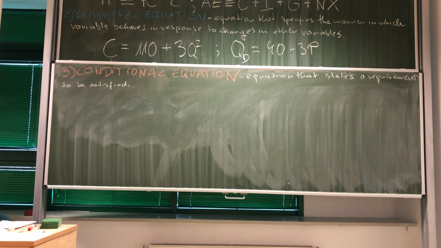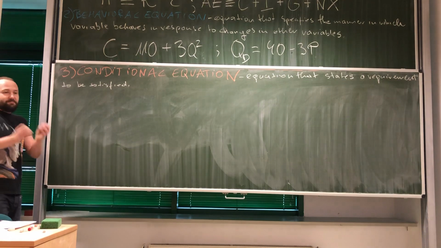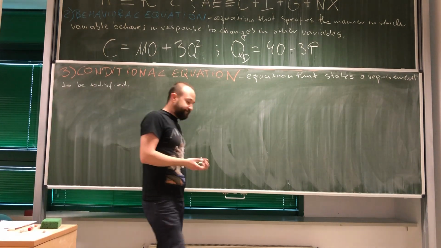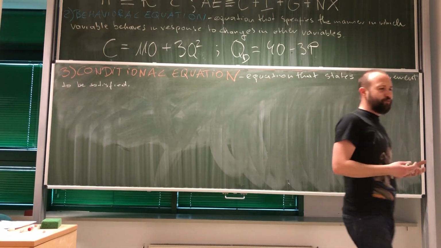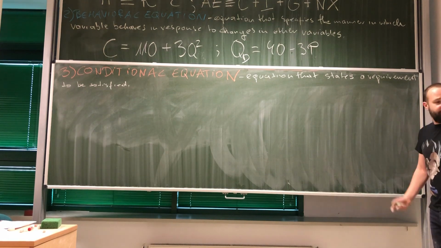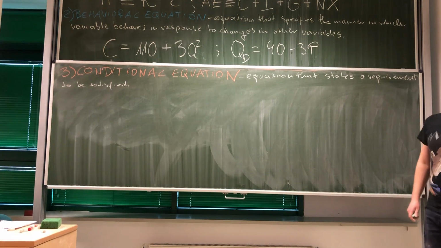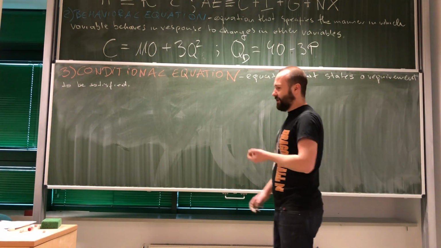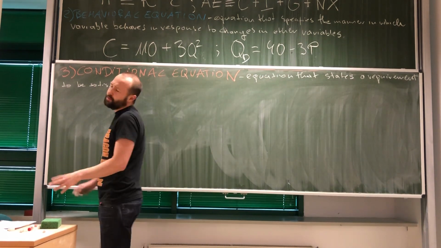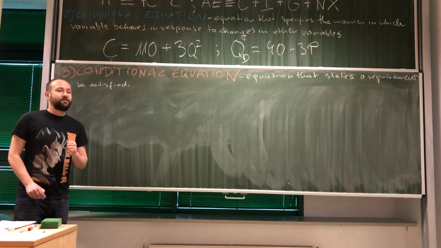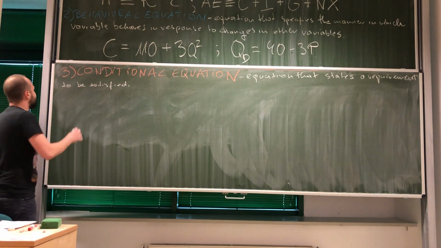Now, what are those conditions? So, what type of state we would like to achieve? First of them is something that you definitely know from microeconomics, but you should know both. Actually, it's an equilibrium condition.